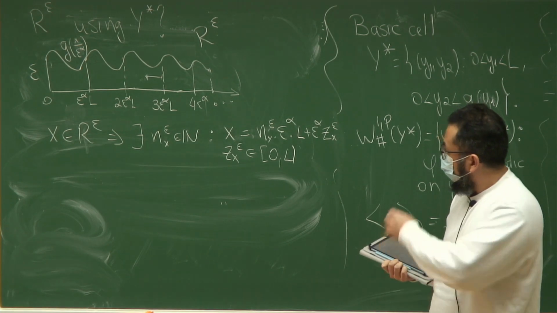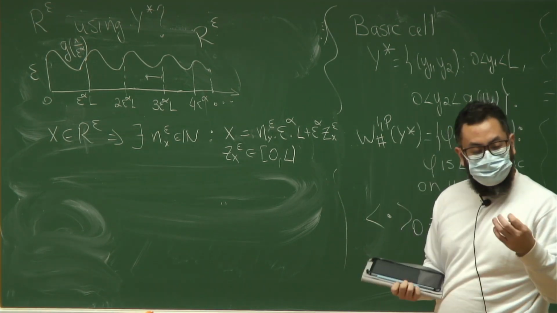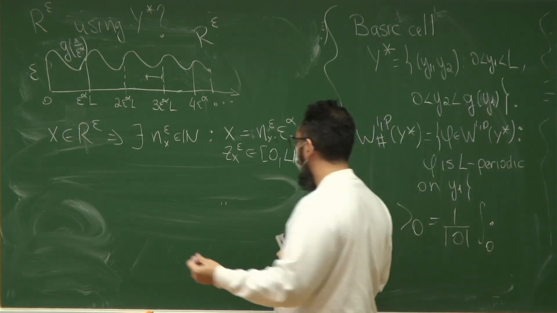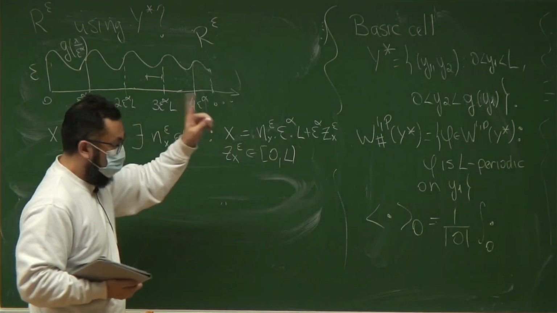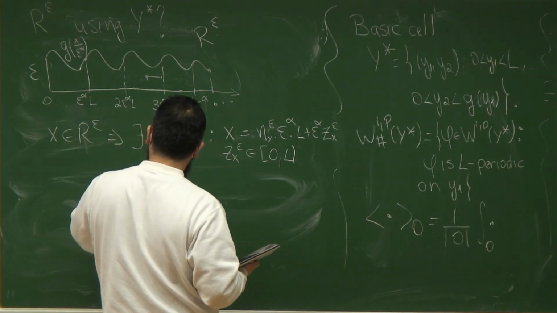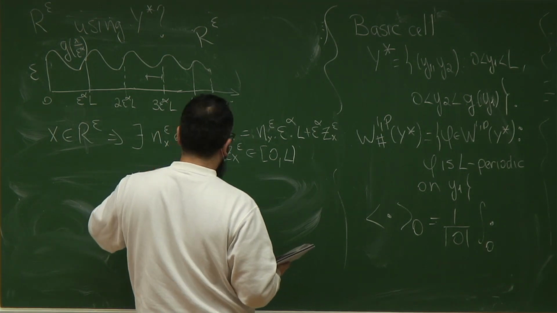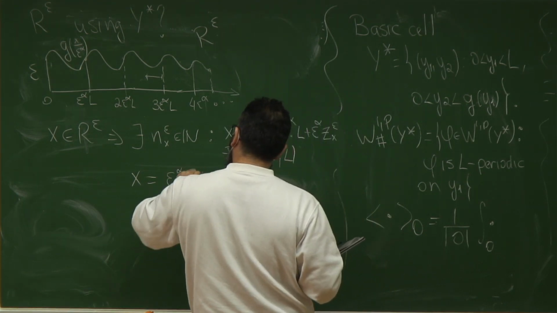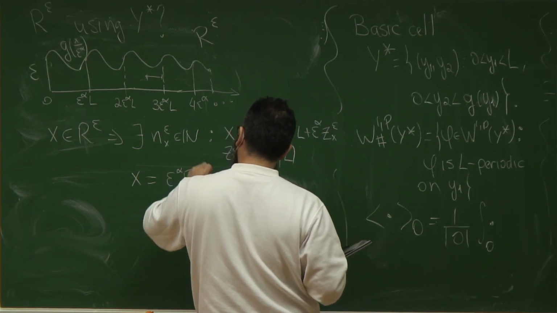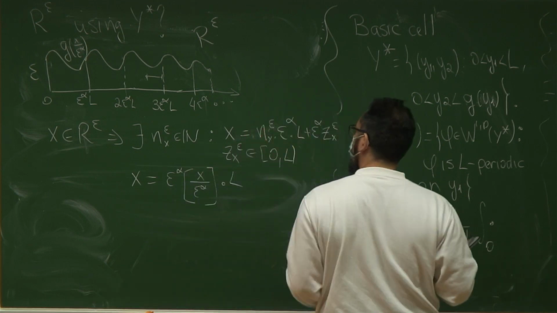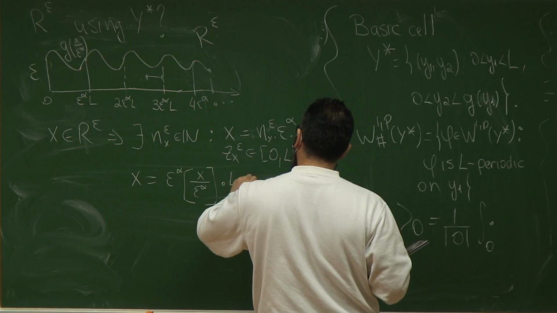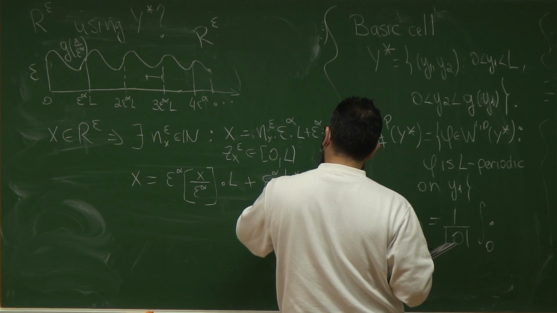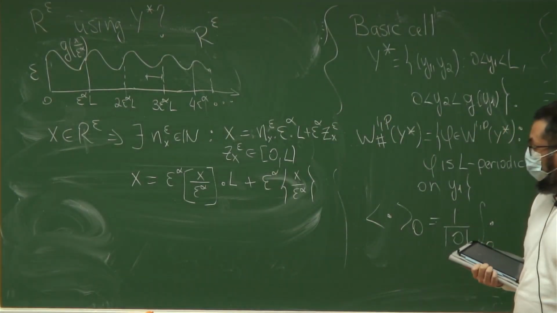So this will induce us to consider the notation of biggest integer. I guess you all remember it from the undergraduate courses. For this kind of expression, we will write it like this: the power of epsilon, the notation of biggest integer, and the period, plus the remainder.